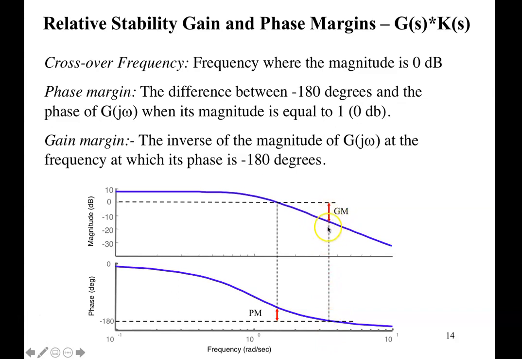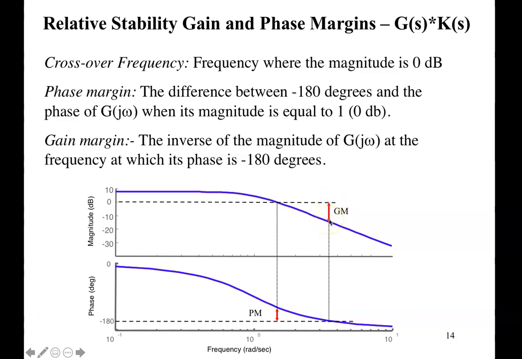This time, the magnitude needs to be below 0 dB, so the magnitude will be a negative value. The distance between the value at this frequency on your magnitude plot and 0 dB is the gain margin.